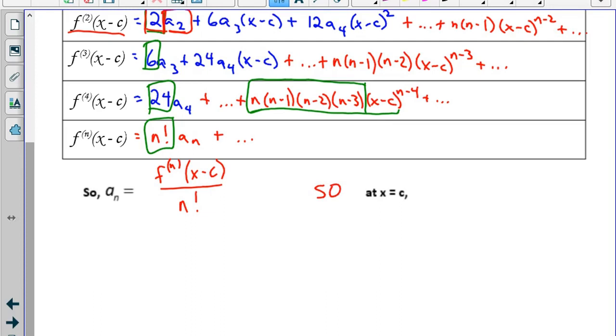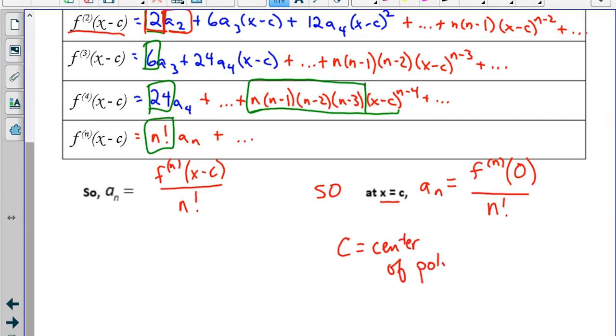So at x minus c equals 0, if we want to find out what a sub n is, that's equal to the nth derivative evaluated at c over n factorial. And that's what happens when you plug in c, because c minus c is obviously 0. So you evaluate that derivative at c when x equals c. And so that's why c is going to be basically our center of the polynomial in this case.